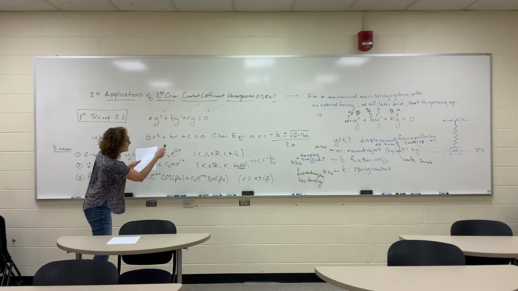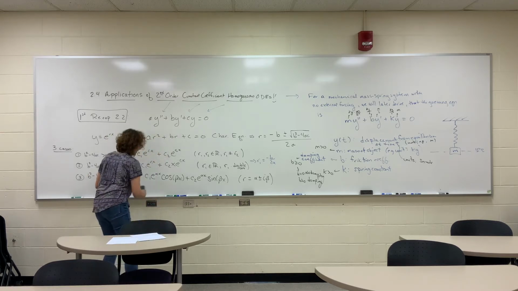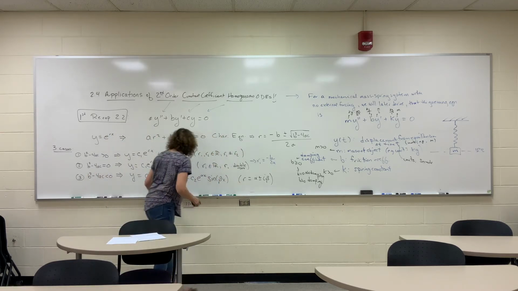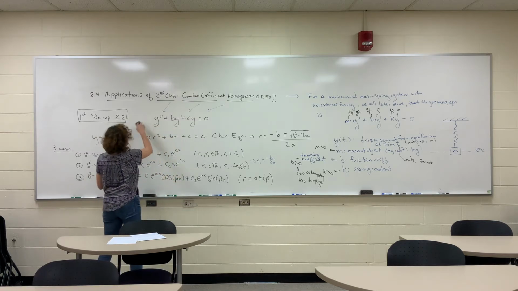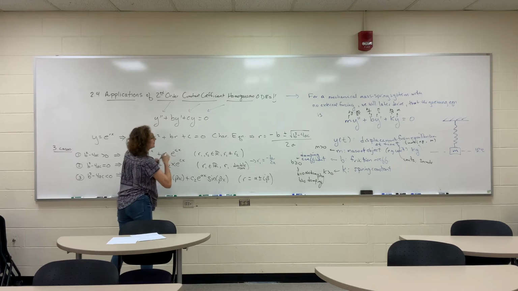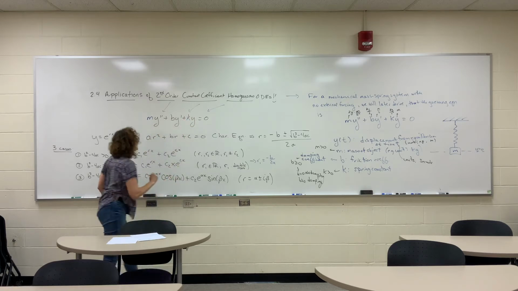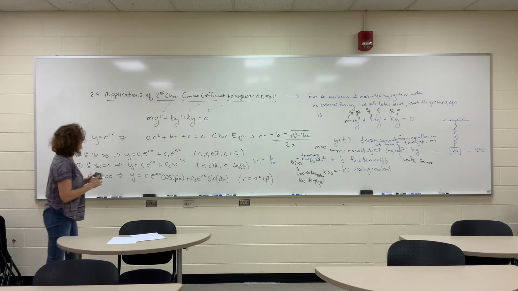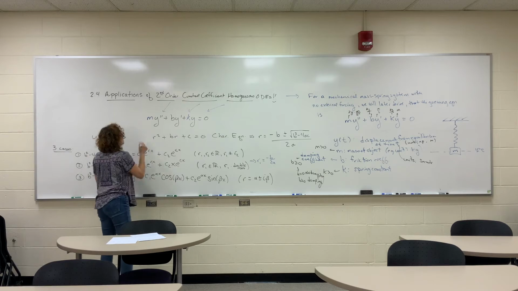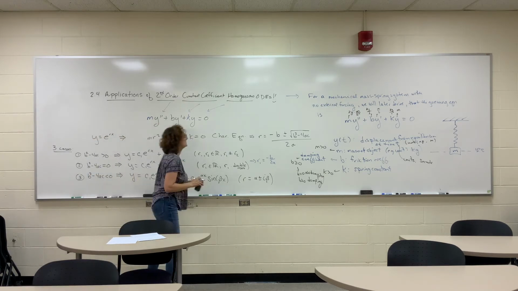So let's come back here to our equation. We're going to analyze that equation. Now, my double prime plus by prime, see, it's another reason not to change it, plus ky equals 0. And what are we going to get? Well, mr squared plus br plus k is equal to 0.